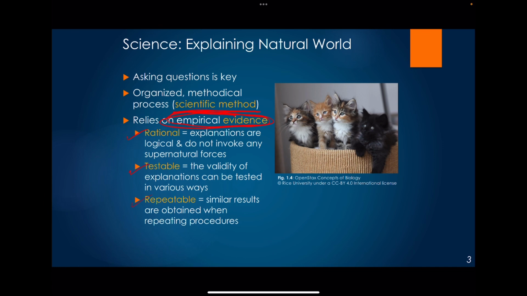Rational means that explanations are logical and do not invoke any supernatural forces. And this is one of the things I love about science: we always have to back it up with something. An example would be the pandemic, because science was both weak and strong during the pandemic.